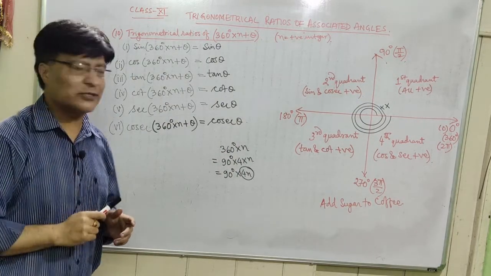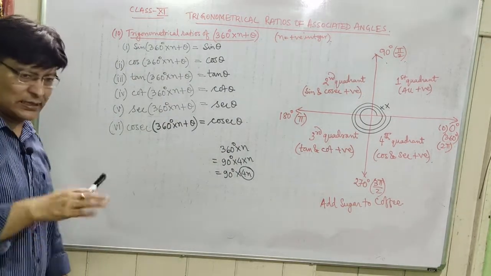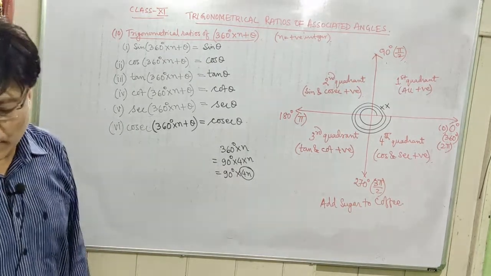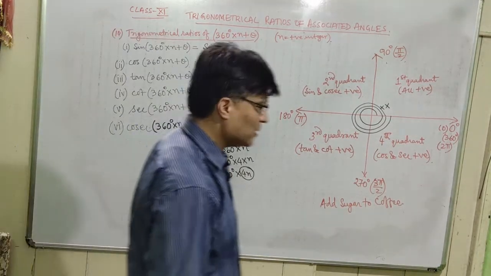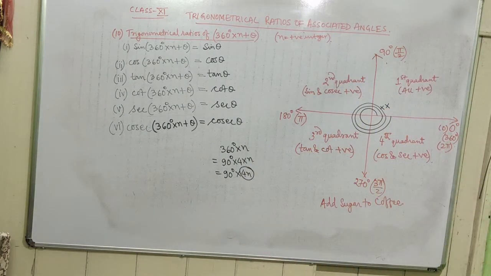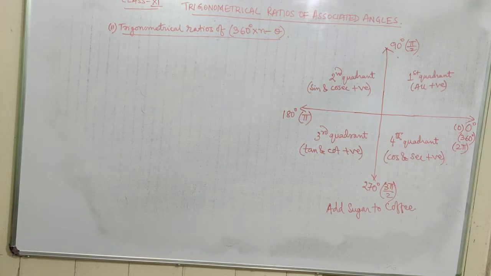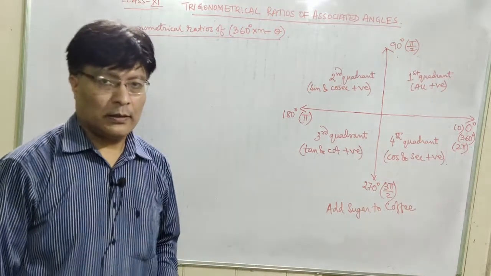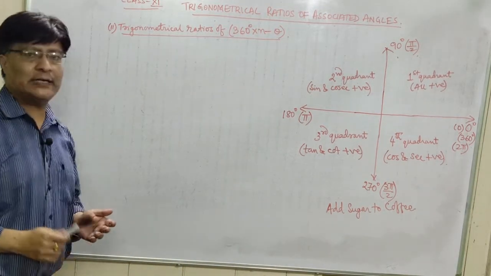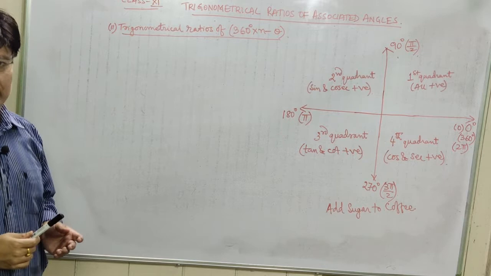So I think you have understood it. You can copy it. Now we will do another formula, formula number 11. That is the last formula that you should do in trigonometrical ratios of associated angles.